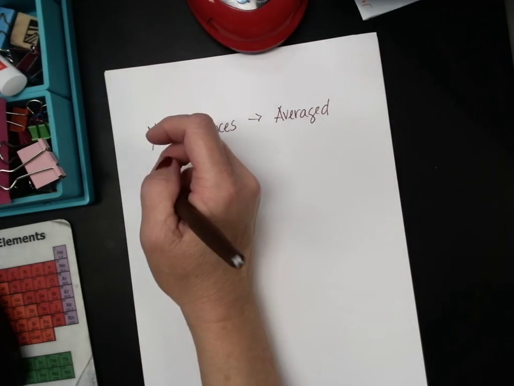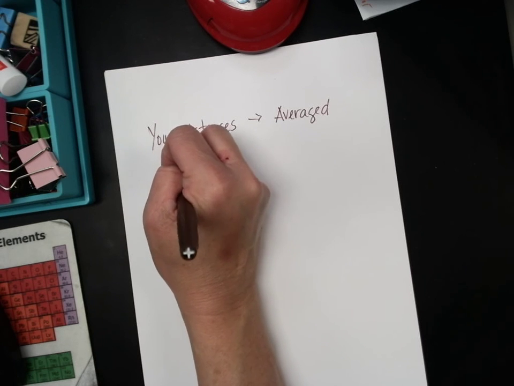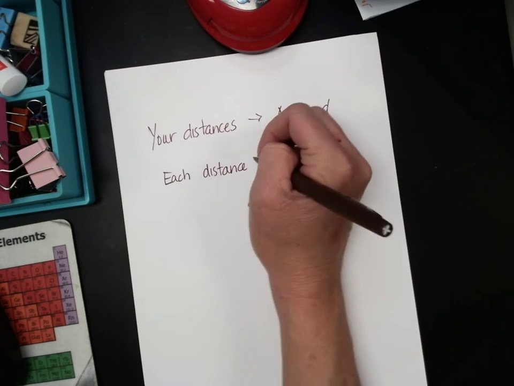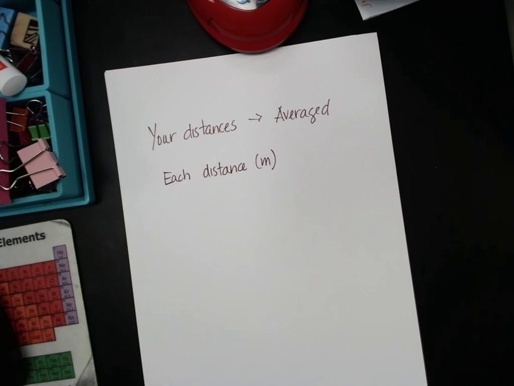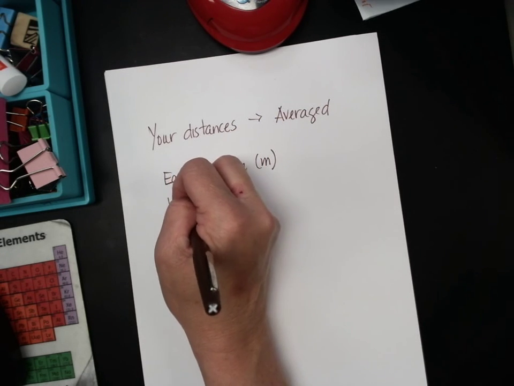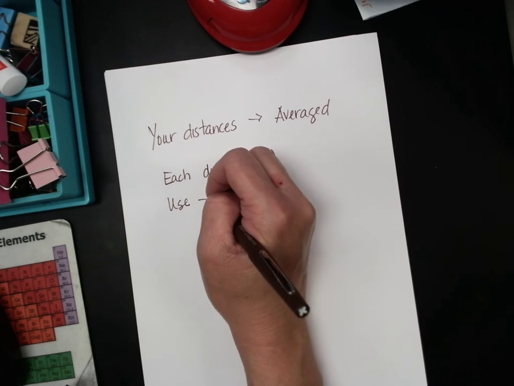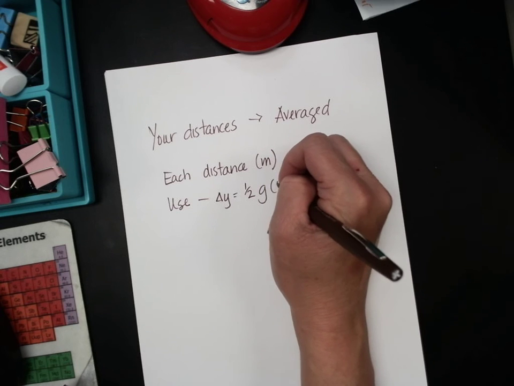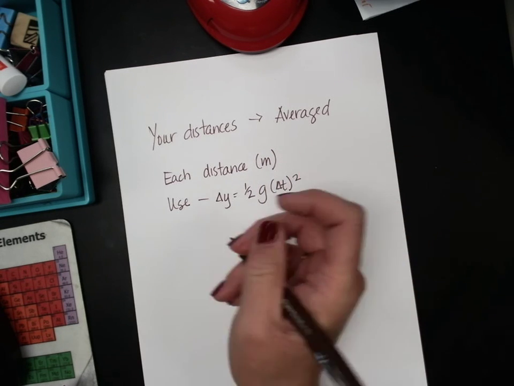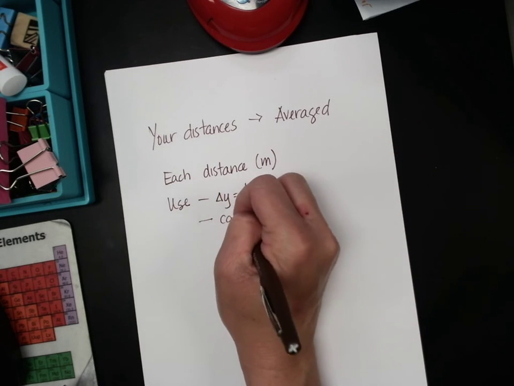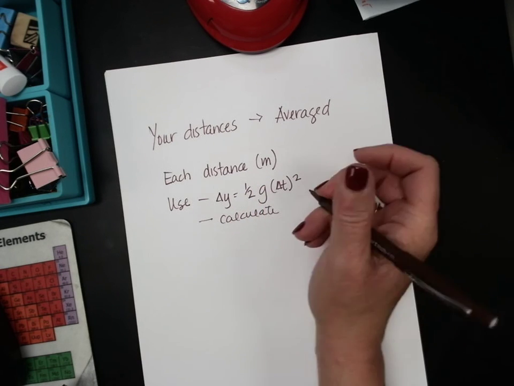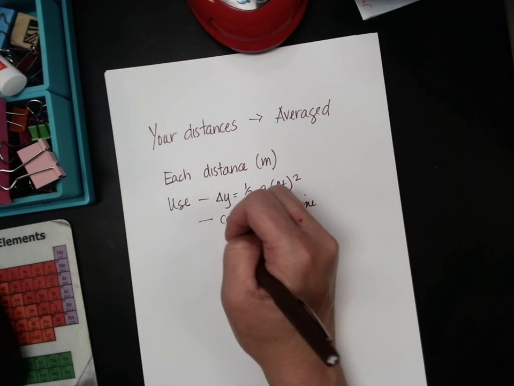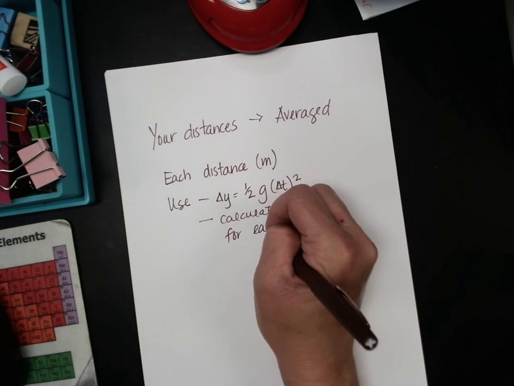Now what I want you to do is to take each distance, and that should be in meters, and I want you to use delta y equals 1/2 g delta t squared to calculate your time for each fall.